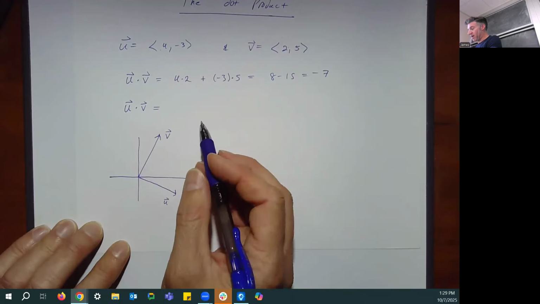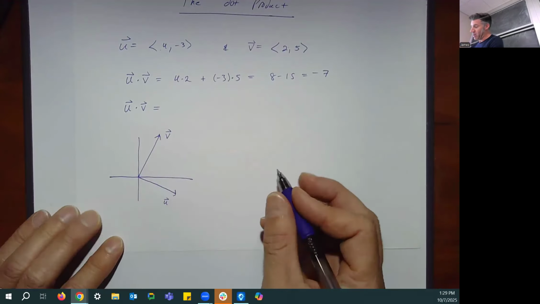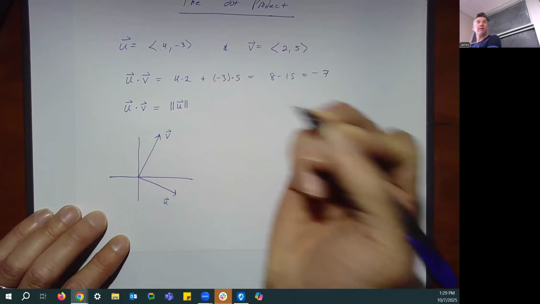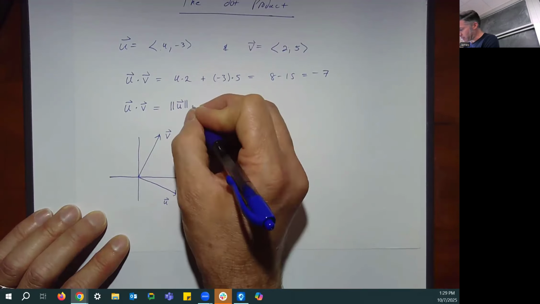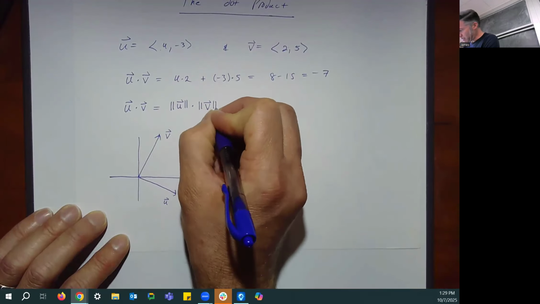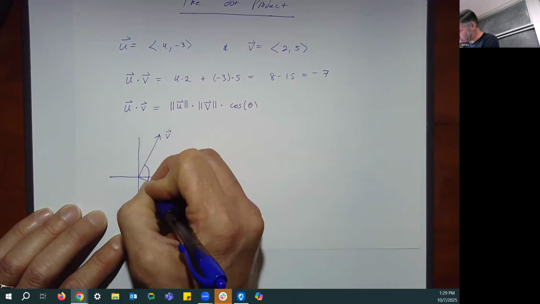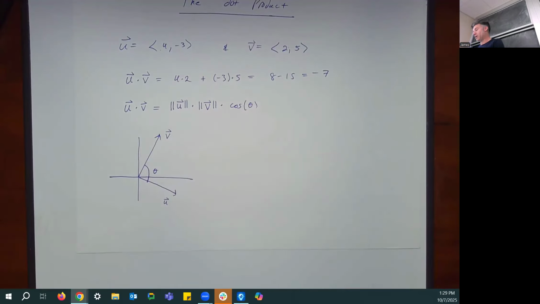And another way to think about calculating u dot v is it's the magnitude of u, or the length of u, times the length of v times cosine of the angle between the two vectors. And so actually you can use the dot product to find the angle between two vectors, which is kind of neat.